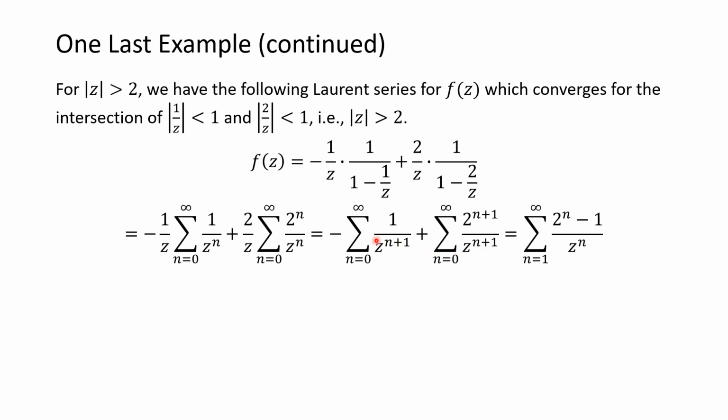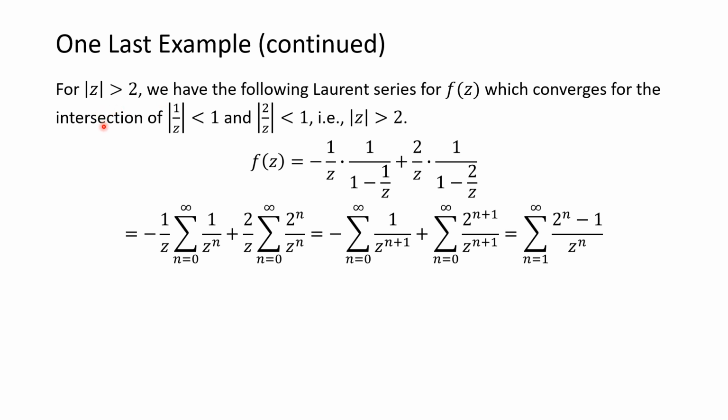And then we subtract this from this, so we get 2 to the n minus 1 over z to the n. And notice I got rid of the n plus 1 by just starting from n equals 1 rather than 0. I could have left it at 0, but I started it at 1. So this is our solution. As we see, we get a different Laurent expansion for each one of the three regions.